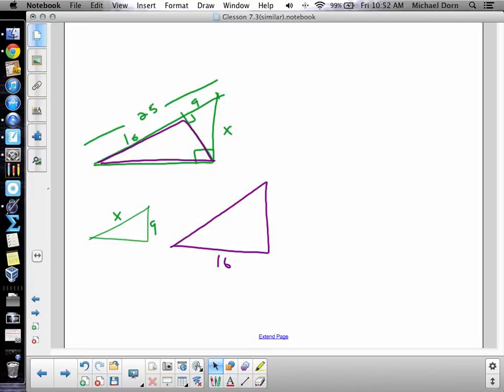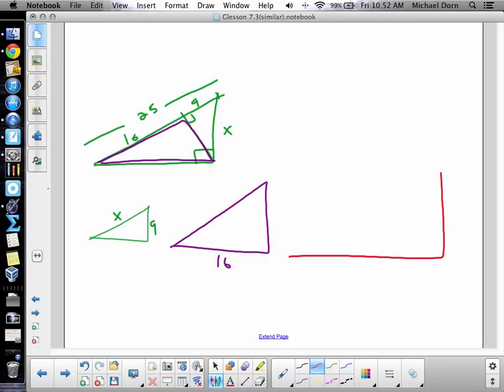Then I have the large outer triangle. And again, I'm orienting it exactly the same way. In the large outer triangle, the short leg is x. The hypotenuse is 25. And the long leg I don't know anything about. So just fill in the information I have.